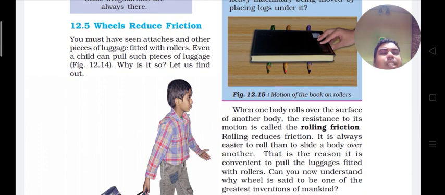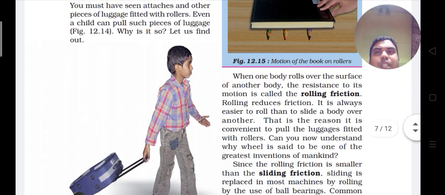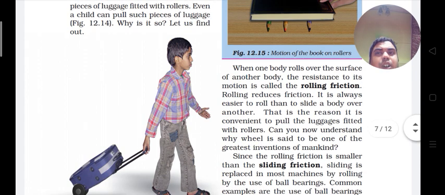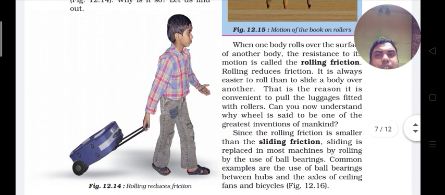It is quite difficult to move a heavy suitcase by dragging it on the ground because the sliding friction between the heavy suitcase and the ground is very large. If this very suitcase is fitted with small wheels, as you can see in figure 12.14, then it can be pulled.